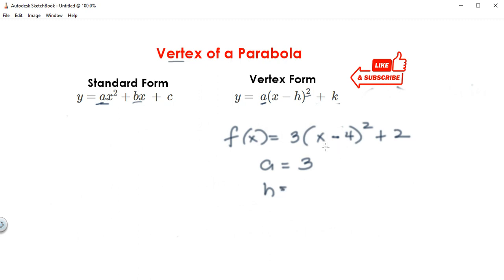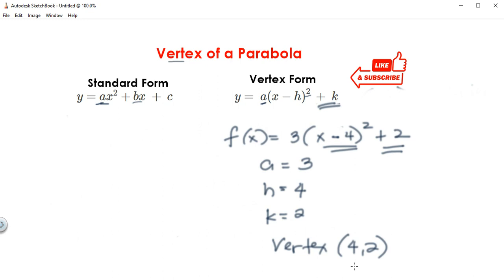Your h is opposite of what you see, so that's a negative 4, which means h is 4. And your k is what you see, that's a plus k, so this must be a plus 2. Therefore, your vertex is 4 comma 2. So I hope you're able to recognize a vertex form of equation of a parabola.